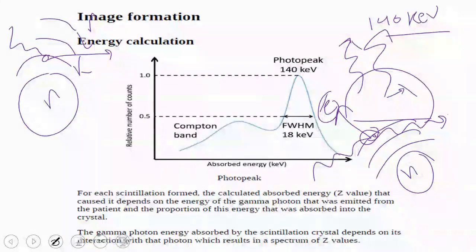Now, I want to tell you that what will reach the crystal can either be a photon with 140 keV or a photon coming with energy less than 140 keV, right? So we understand what is coming out of the patient and heading towards the crystal, right? Doctors, right, great.